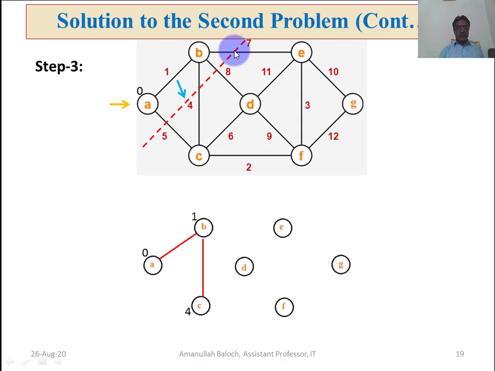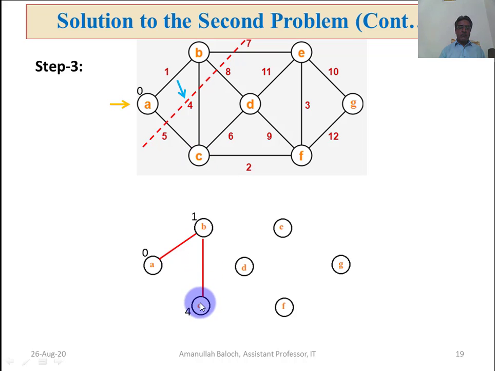Here you may see it has become part of the MST. These 4 nodes have become part of the MST, while the rest of these 3 nodes are still waiting to become part of the MST. Its weight has become the key value of F. So the key value of F becomes 2, from infinity to 2.